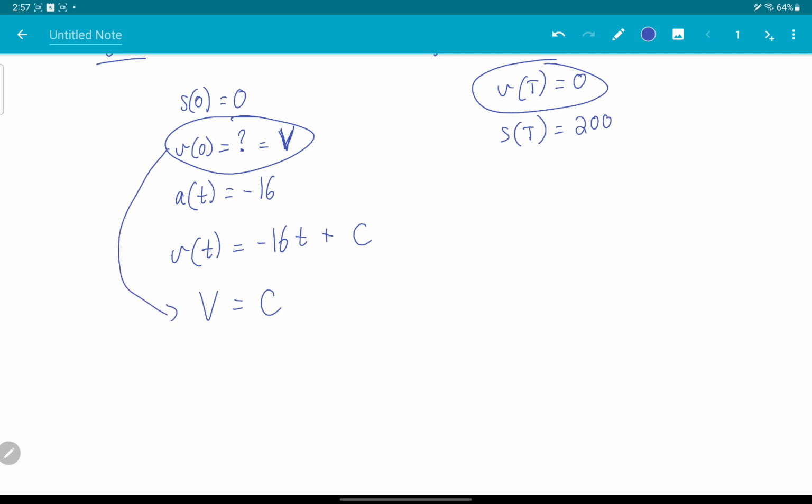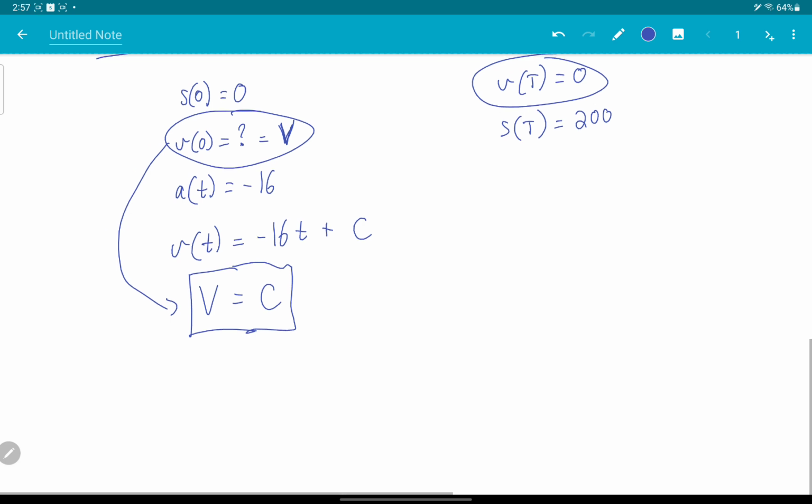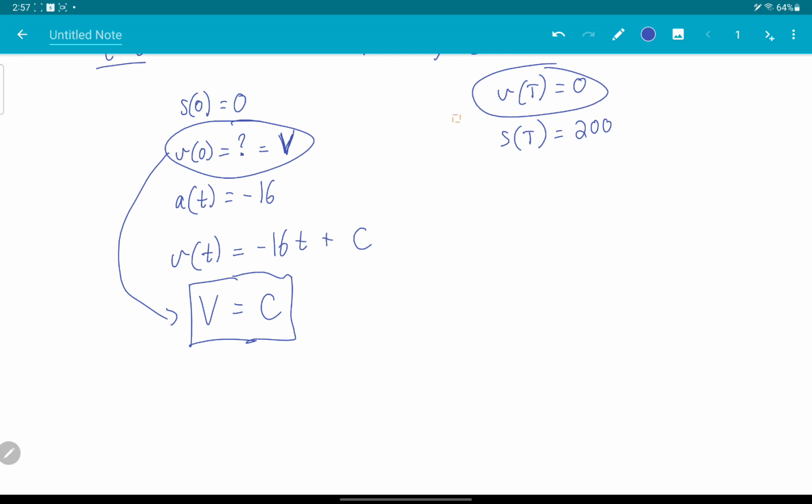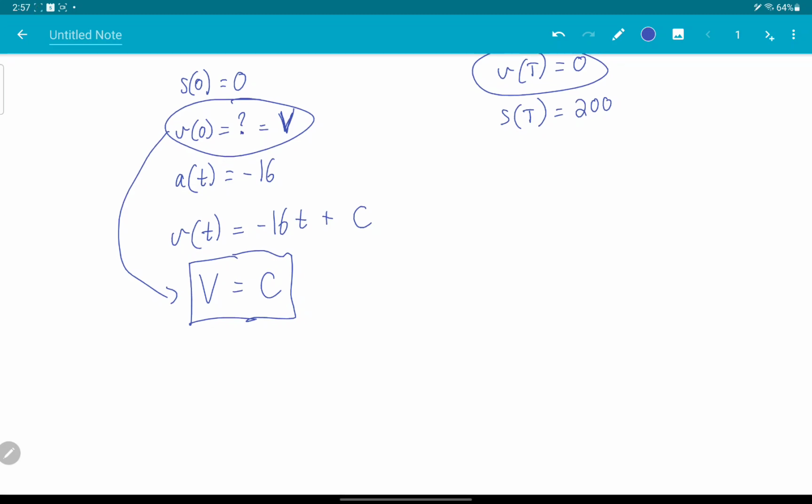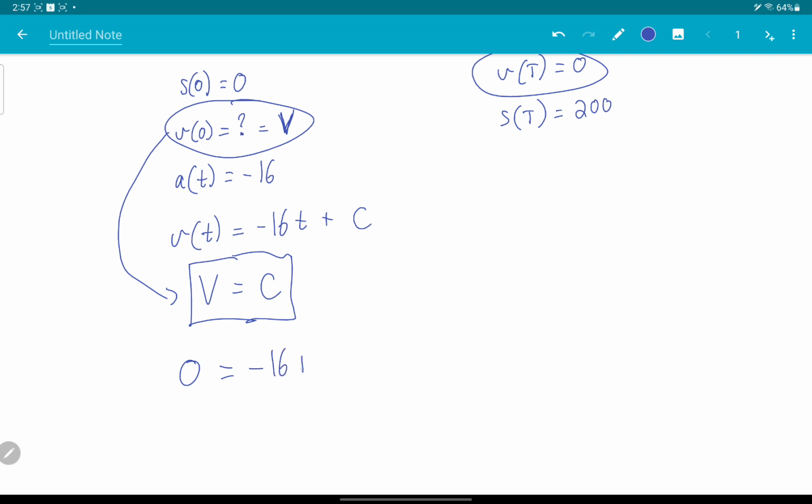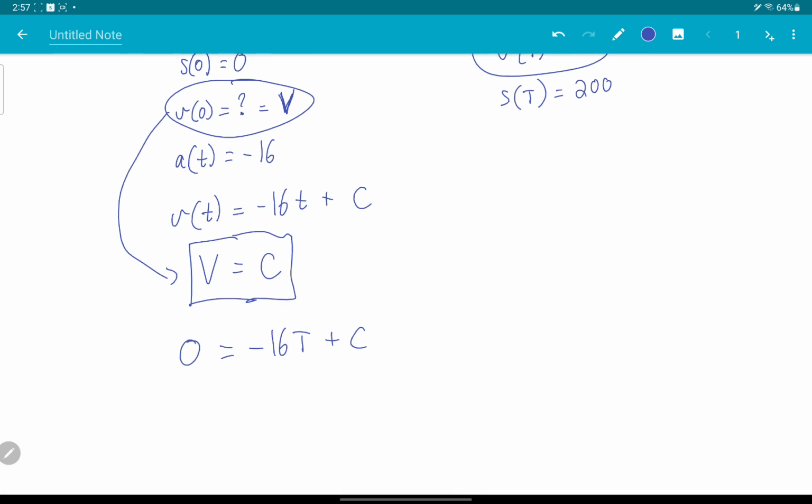So V is equal to c. Then we also have that at time capital T, my velocity is 0. So 0 is equal to minus 16 capital T plus constant. So I can solve for c. C is equal to 16 capital T.